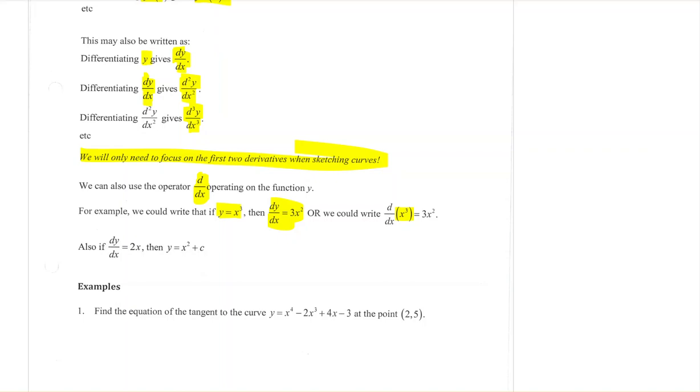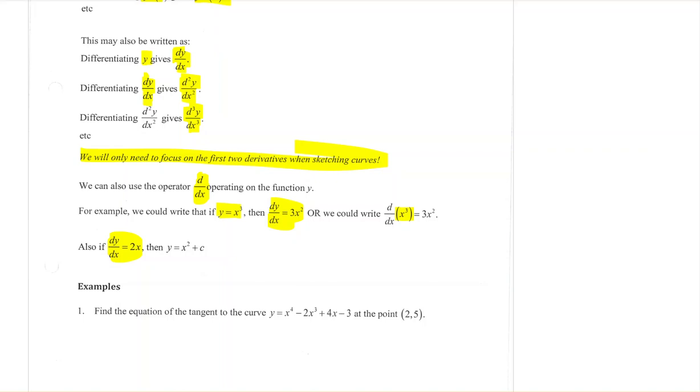Here's one final thing in the theory part. If we have the derivative, so in this last part, dy over dx is equal to 2x, we can go backwards to try to find out what the original curve could have been. So you need to reverse the process of differentiating.